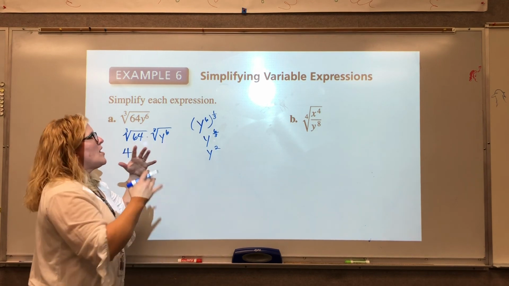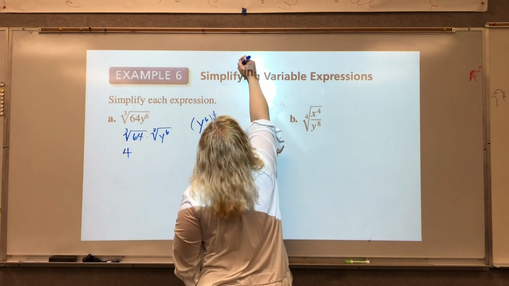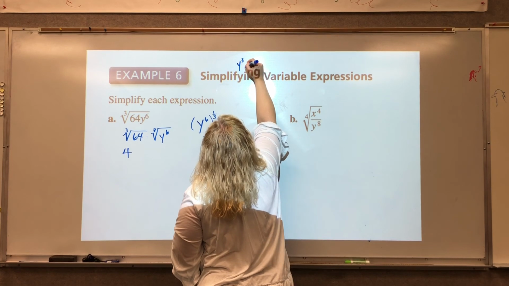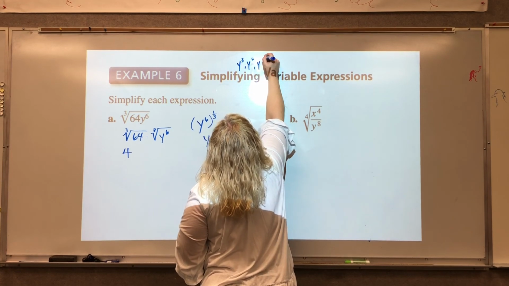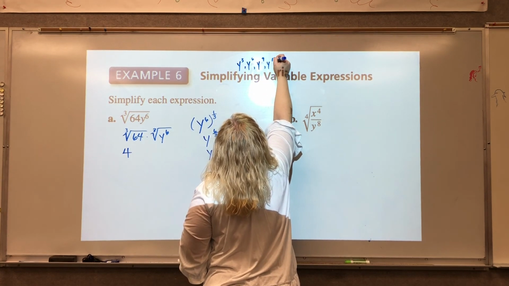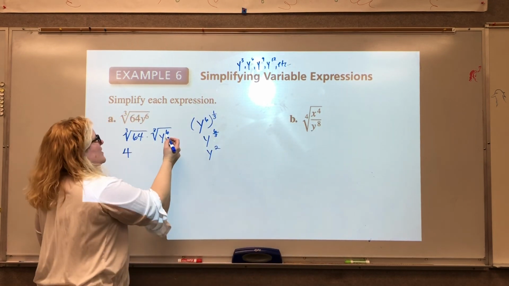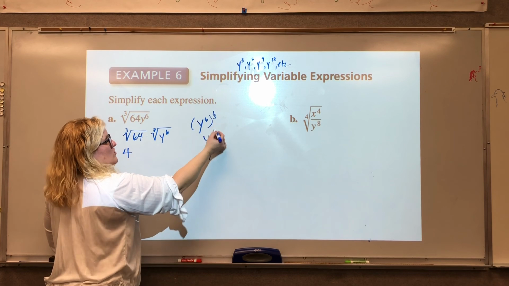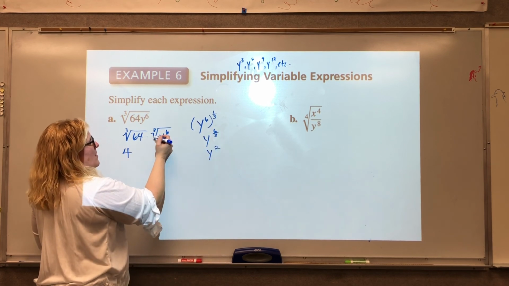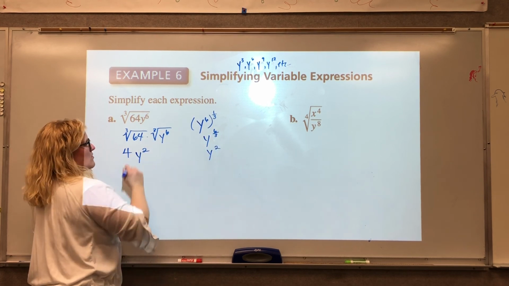So perfect cubes, we would have y to the 3rd, y to the 6th, y to the 9th, y to the 12th, etc. And we divide like we do right here. So 6 divided by 3 is y squared.